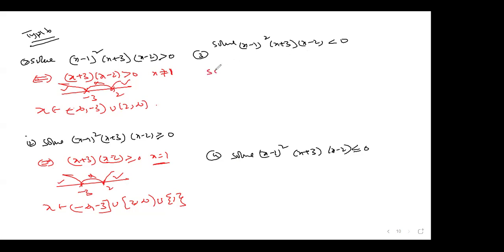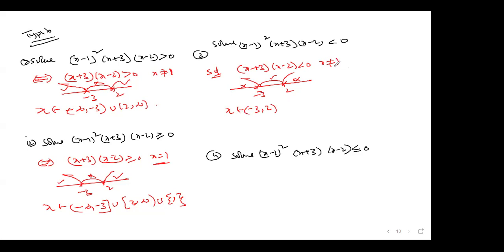Whereas here, same story. See this: x plus 3 and x minus 2 less than 0. But remember, x should not be equal to 1. On the number line we have minus 3 and 2. If you write minus 3 to 2 as the answer, it is an absolutely wrong answer.